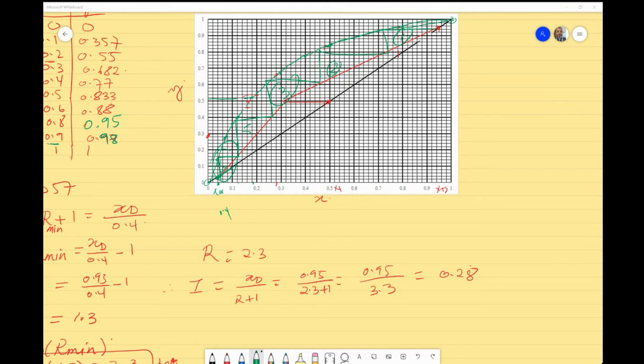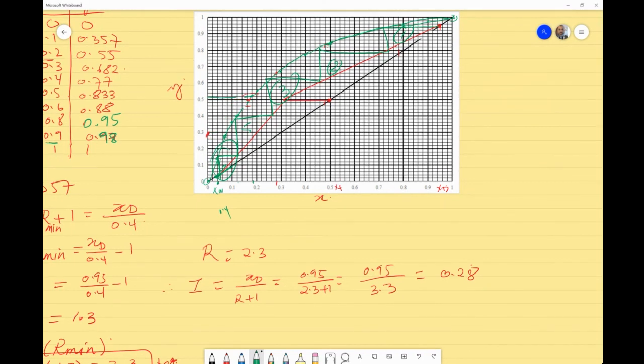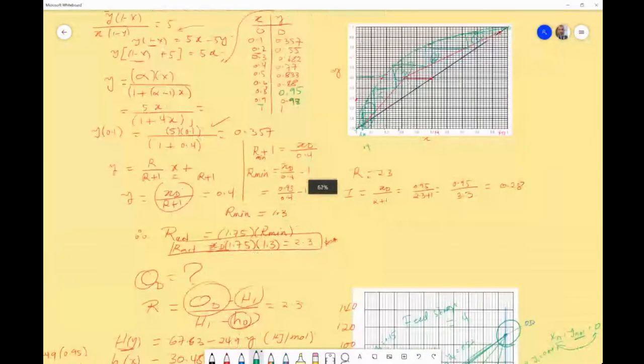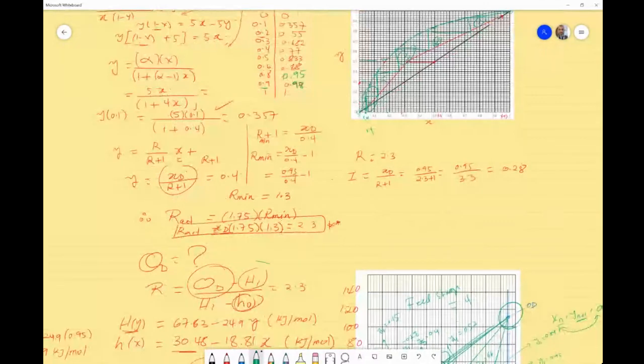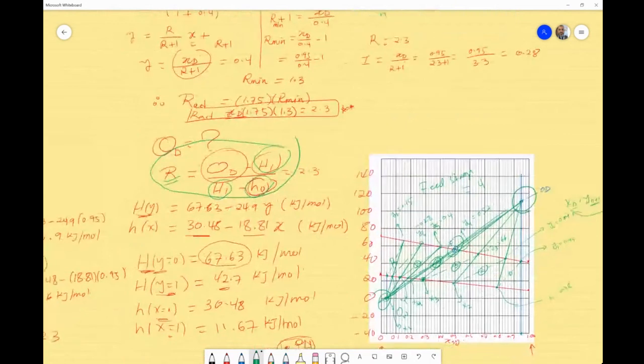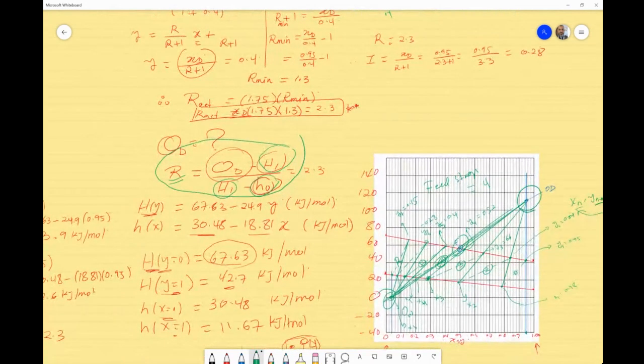QD is calculated from this equation, based on the flux ratio, based on H1 and H0. Now, maybe your question, I know what you're trying to say, is that when we calculated H1 and H0, we used the equation. That's probably what you mean.